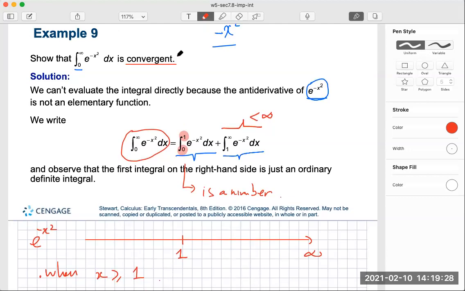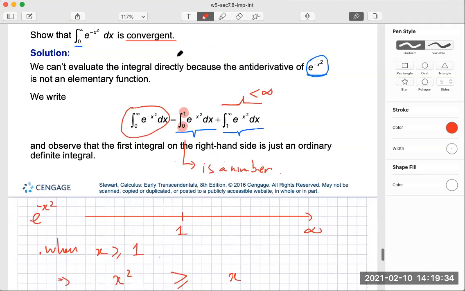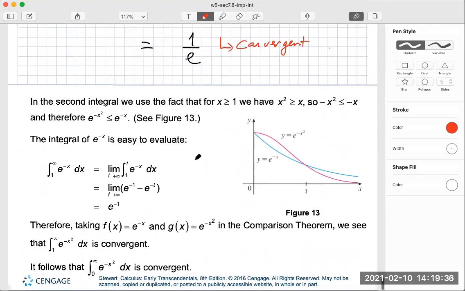Does that make sense? Okay, you can take a look at the notes that I gave you. They explain it very clearly. And here is the graph of these two functions. E to the negative x is this guy, the blue one. It is larger than e to the negative x squared from 1 to infinity here. Makes sense.